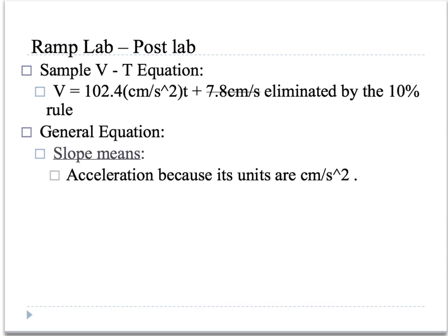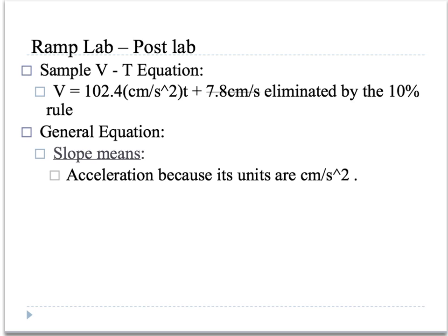So now that we have a sample equation to look at and we've made sure the units and variables are correct, we can take a little bit and try to figure out the general equation. The difference between the mathematical equation is that the mathematical equation has numbers and units. The general equation, so mathematical versus general, the general equation will have only variables.